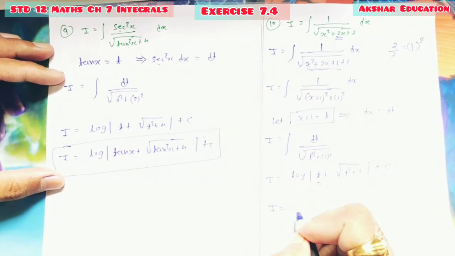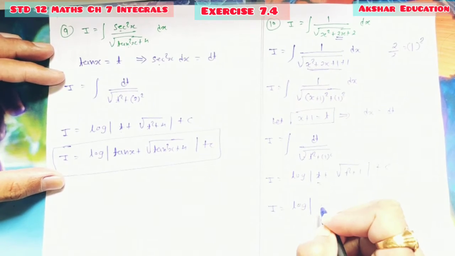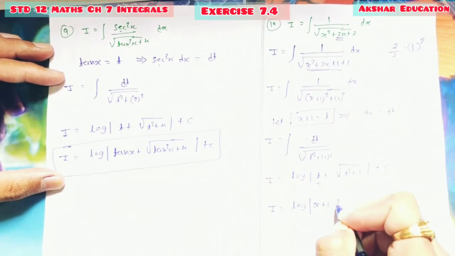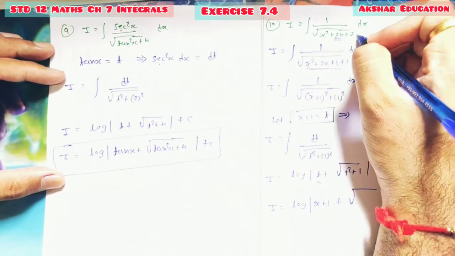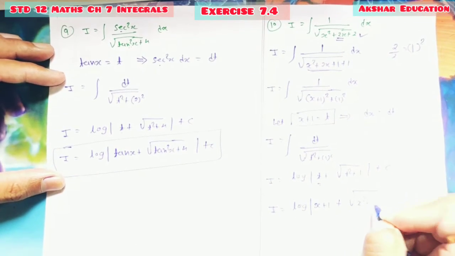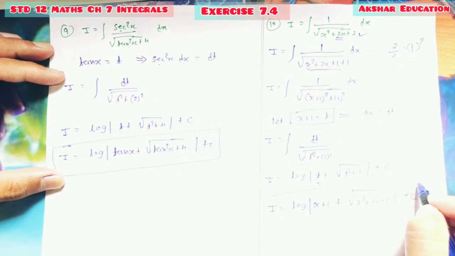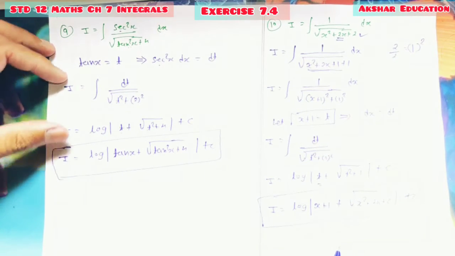So integration I equal to log mod x plus 1 plus square root of x plus 1 whole square plus 1, which will give our function, that is x square plus 2x plus 2, plus c is the answer.